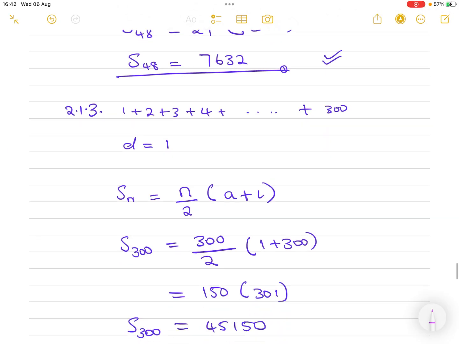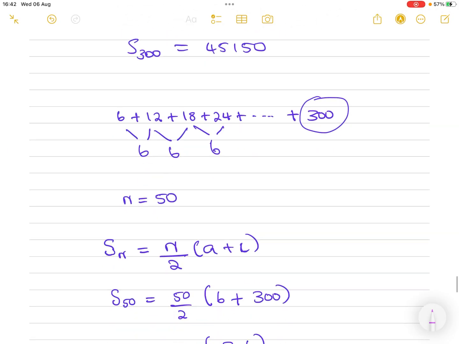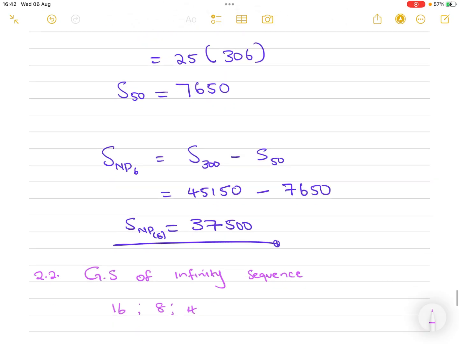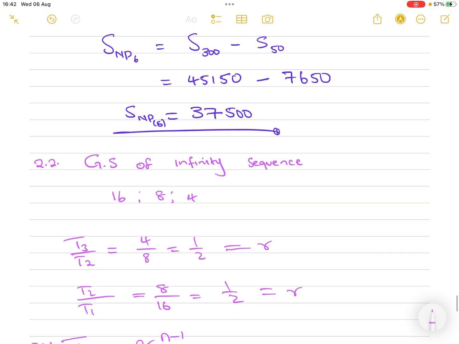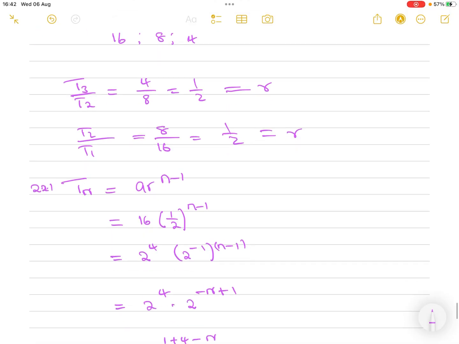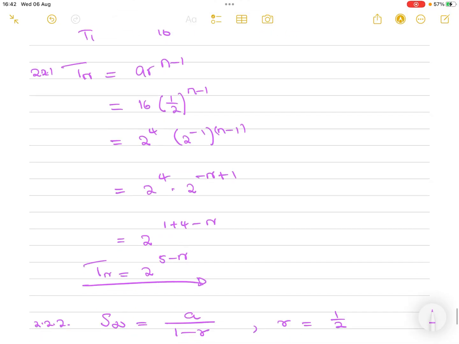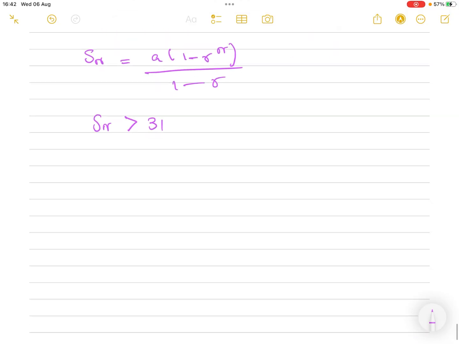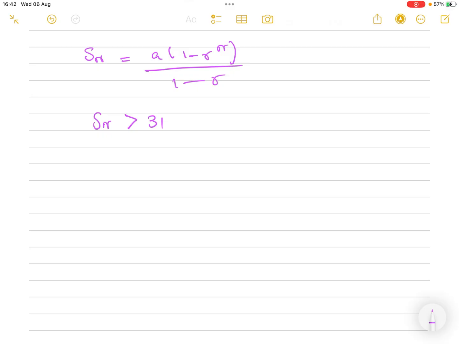How am I going to reach there? My screen is a bit lazy, but I will be patient with it. I'm told that n has to be greater than what in order for us to exceed 31.